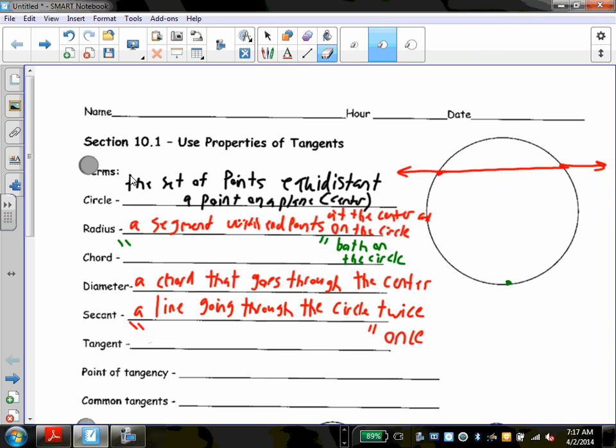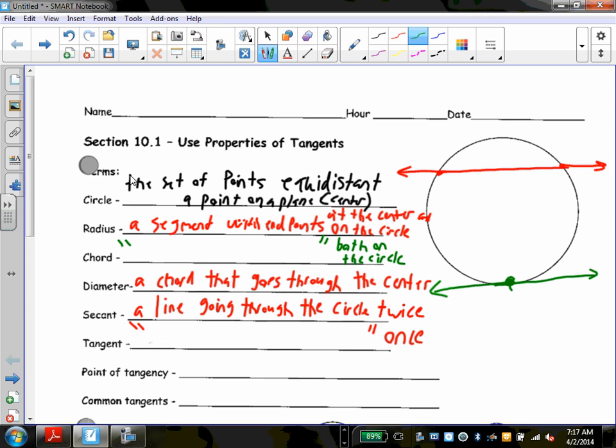But there will be a line, if we draw it just right, that will sort of skim the top of the circle. And my marker here is too thick, so it's not letting me just draw it at one particular point. But the idea is that this line is only hitting the circle right at this point on the circle. So it's only hitting the circle one time. So it is a line going through the circle once.